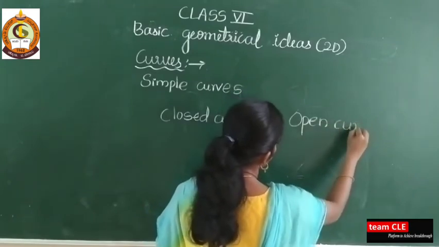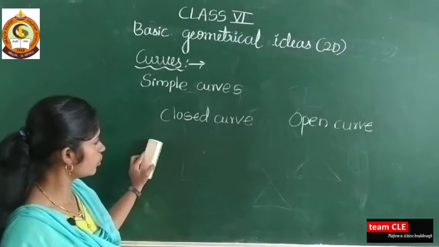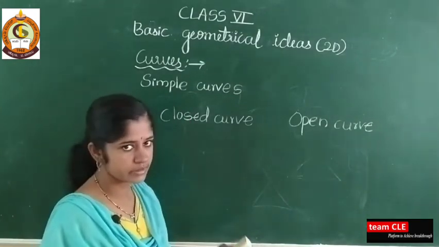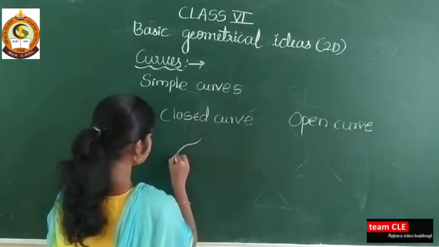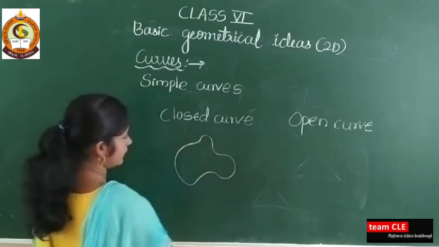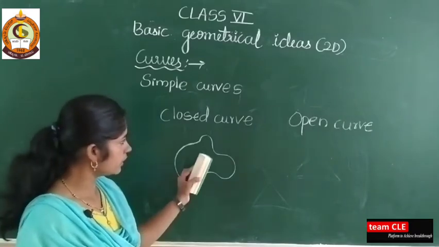Closed curve, open curve. Then what is closed and what is open? Just see the examples. See here, a figure starts at a point and again ends at the same point. So this type of figures we call closed curves.